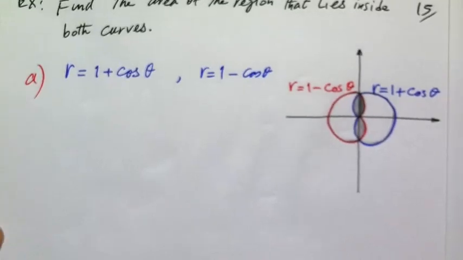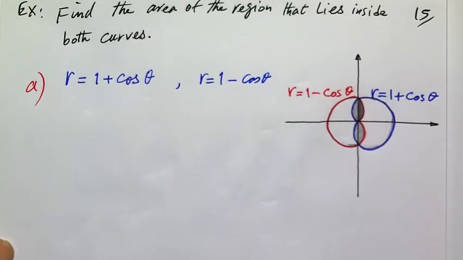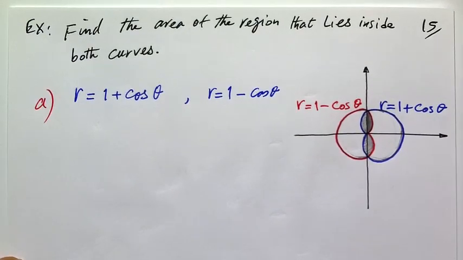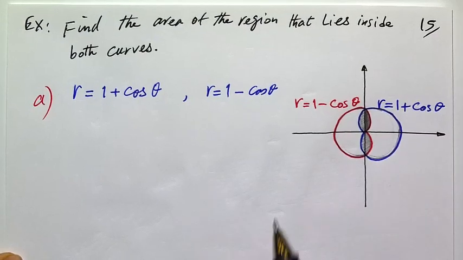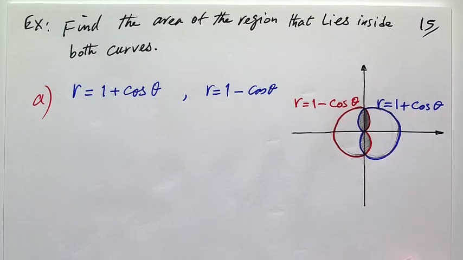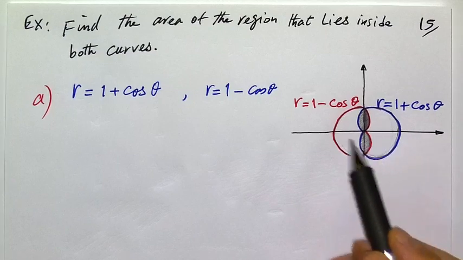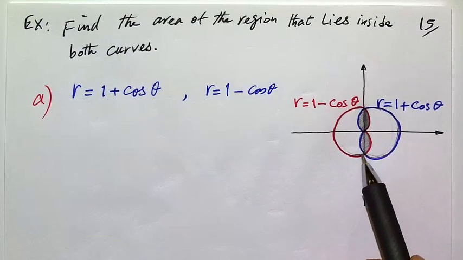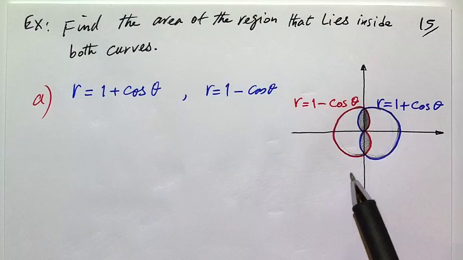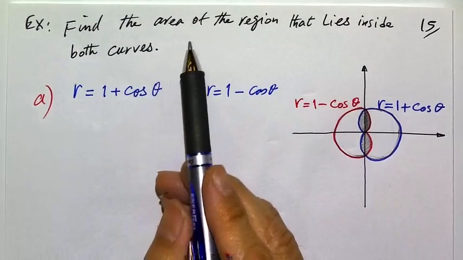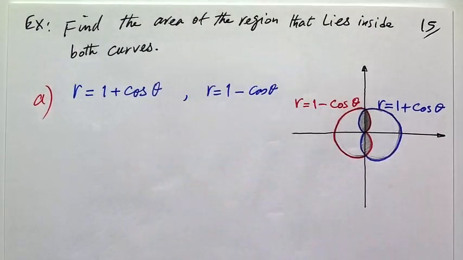Let us look at another example of this type. So we have these two curves, and I used technology to plot these, and you can see what I ended up with here. And we want to find the area of the region that lies inside both curves.